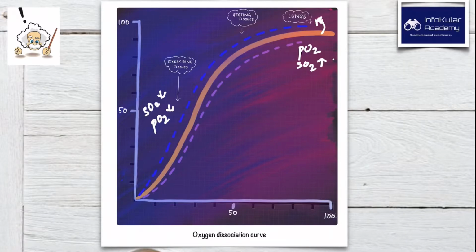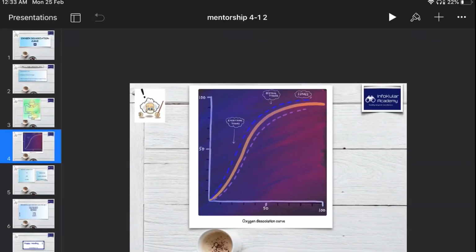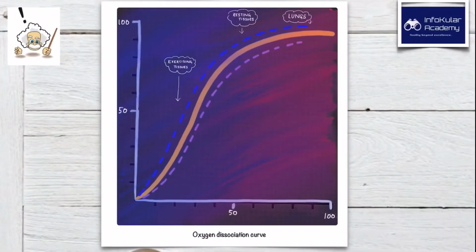Now, what are the conditions that cause the right shift? Conditions that cause the right shift and conditions that cause the left shift. The right shift is caused by increasing of most parameters.